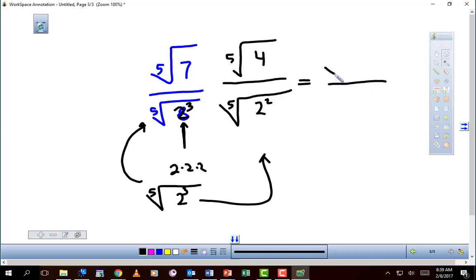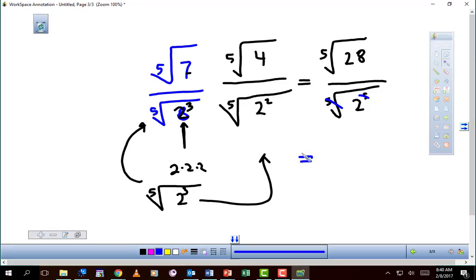And so I have this now as the fifth root, and 7 times 4 is 28, and I don't see anything that will cancel off out of there, so I'll just leave the numerator alone. But now what I have down in the denominator is a fifth root of 2 to the fifth power. And now the exponent cancels off its fifth root.